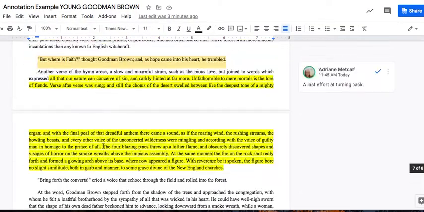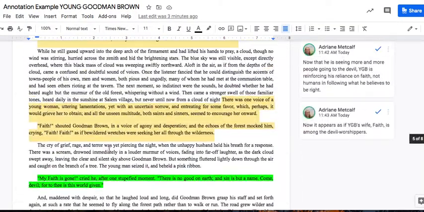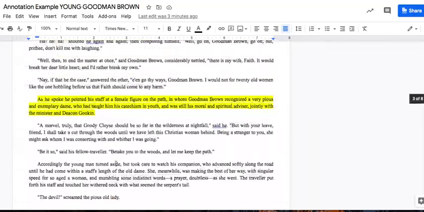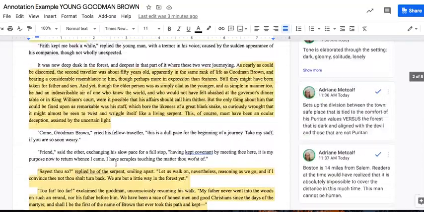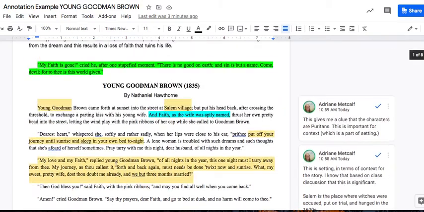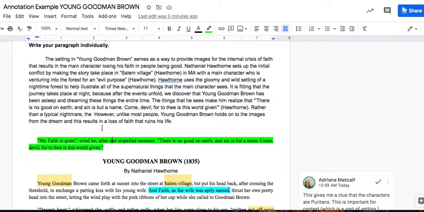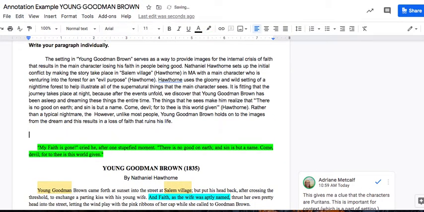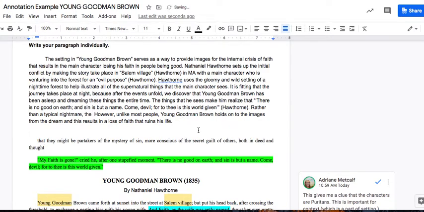So the whole problem here is that young Goodman Brown knows that people are doing wrong, and that produces trouble for him.